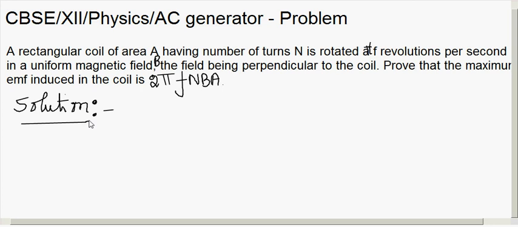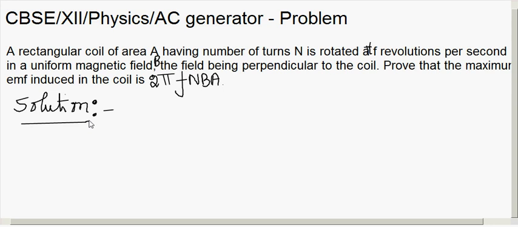Now this is very similar to the principle which we use in AC generator. So here, to calculate the induced EMF, we should know the change in magnetic flux. So first we have to calculate the magnetic flux. Why is the magnetic flux changing here? Because of the change in area swept.